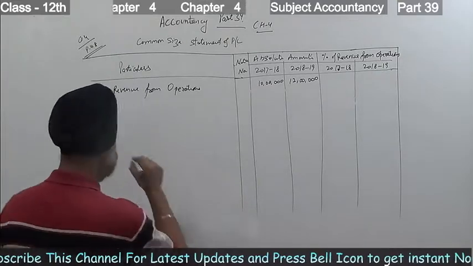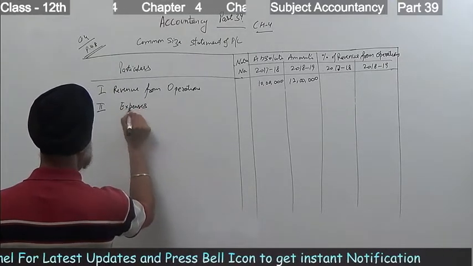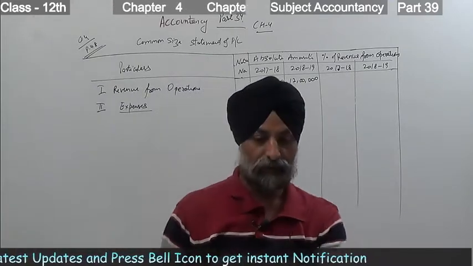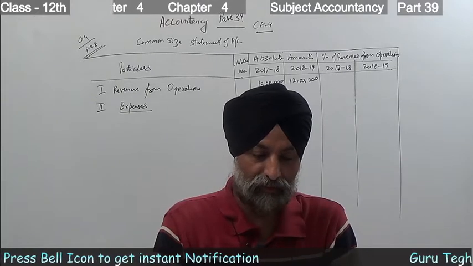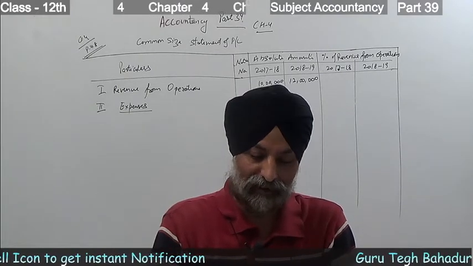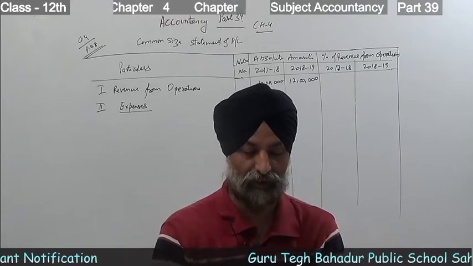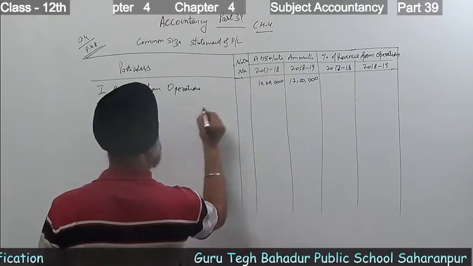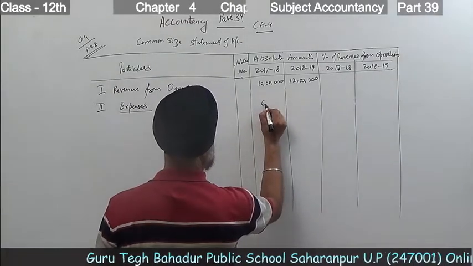In the expenses, values are given. Cost of material consumed is 6 lakh in 18, and in 19 it is 6 lakh 60,000. Cost of material consumed, this is 6 lakh and 6 lakh 60,000.